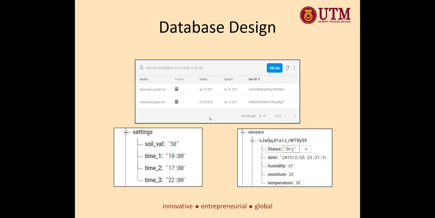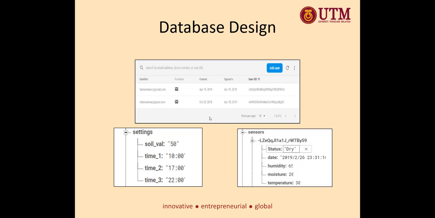So this is the database design of my project. As you can see in the above part, this is the file-based authentication, where all the emails that have been registered to access the system can be seen from this authentication list.